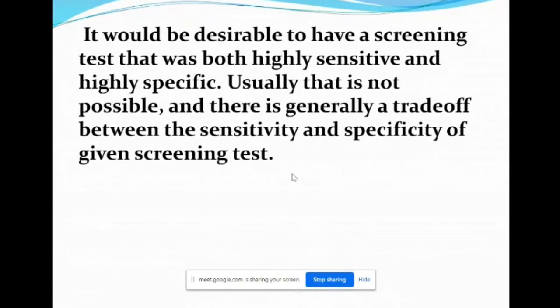This is represented by clearly normal persons, the true negatives, and clearly abnormal persons, the true positives. But in the gray zone, there are the false positives and false negatives, and here is the problem.